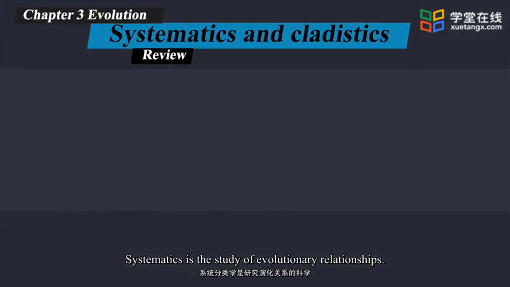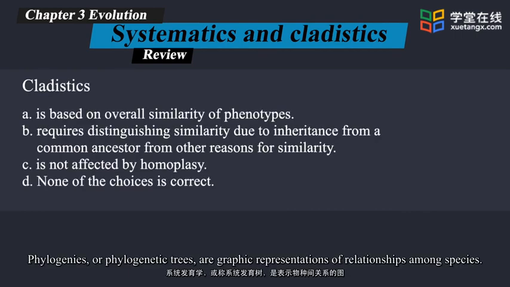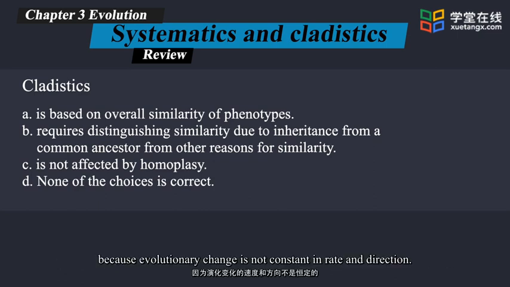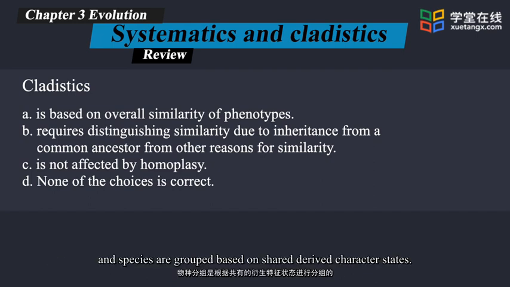In the study of evolutionary relationships, systematists use phylogenies, or phylogenetic trees, which are graphic representations of relationships among species. Similarity of organisms alone does not necessarily correlate with their relatedness, because evolutionary change is not constant in rate and direction. In cladistics, derived character states are distinguished from ancestral character states, and species are grouped based on shared derived character states.